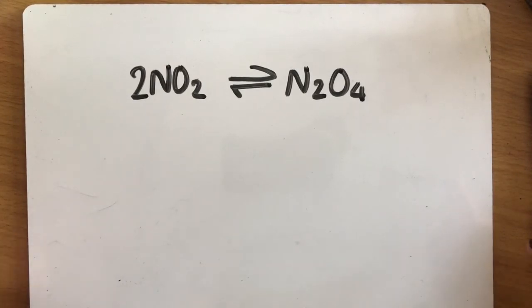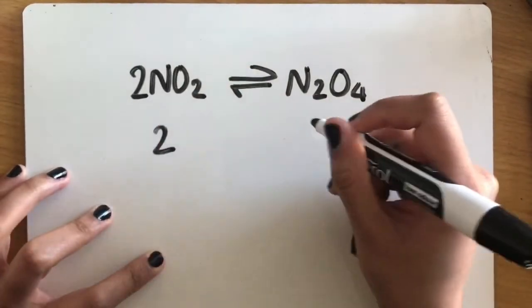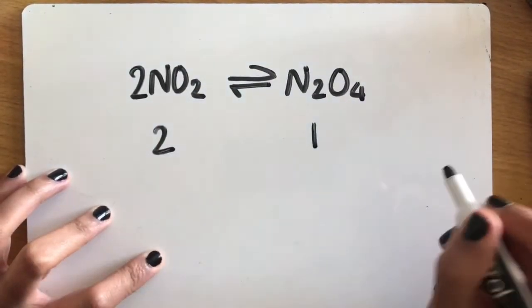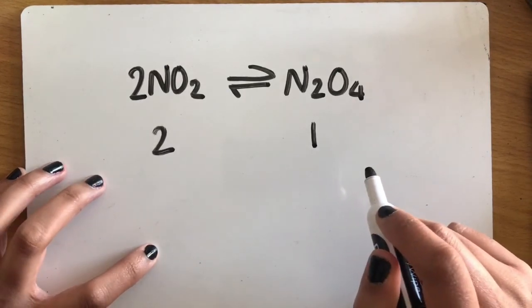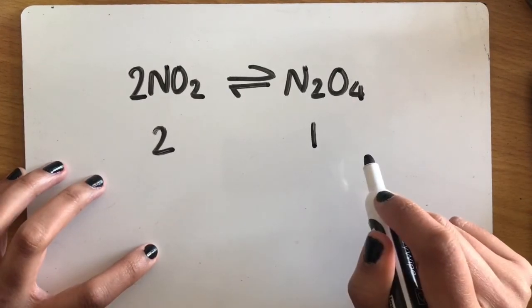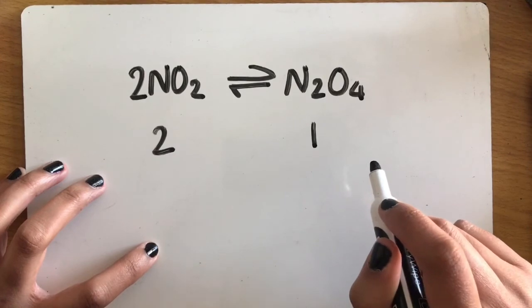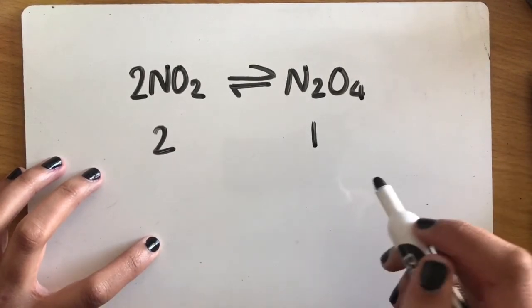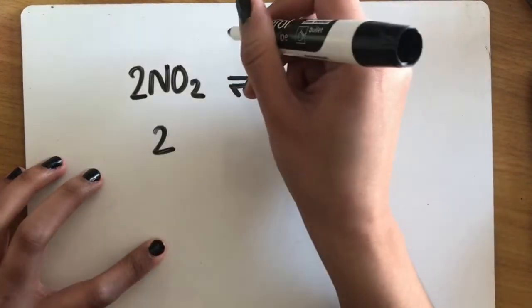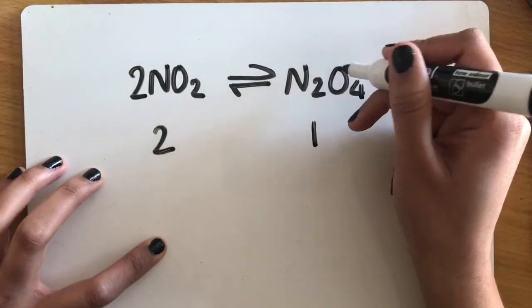Which of the following statements is correct? So what we've got here in this question, we know we've got 2 moles on the left and 1 mole on the right.